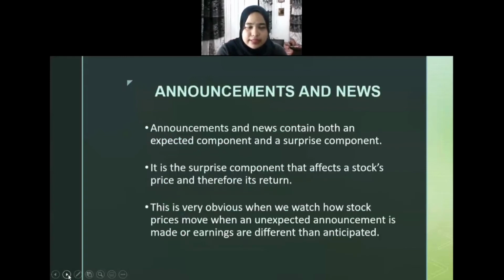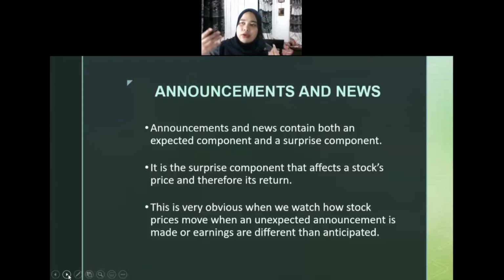Okay, next one is announcements and news. Announcements and news contain both an expected component and also a surprise component. It is the surprise component that affects a stock price. Therefore, it also affects its return. For example, the company is going to make an announcement about the profits of the company.